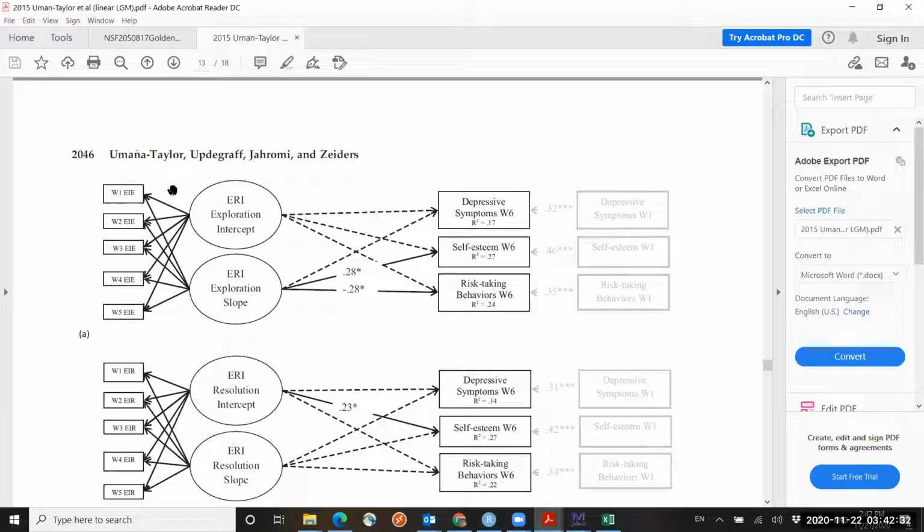They are fitting a linear model, and there are 2 latent factors: the intercept of ethnic identity exploration, which is the initial status of individuals, and then the slope of ethnic identity exploration, which is the amount of growth per unit of time.